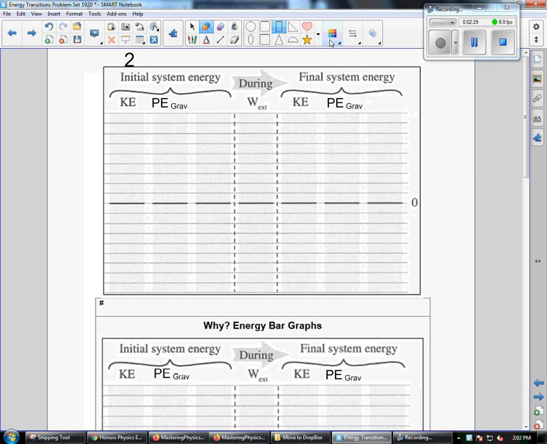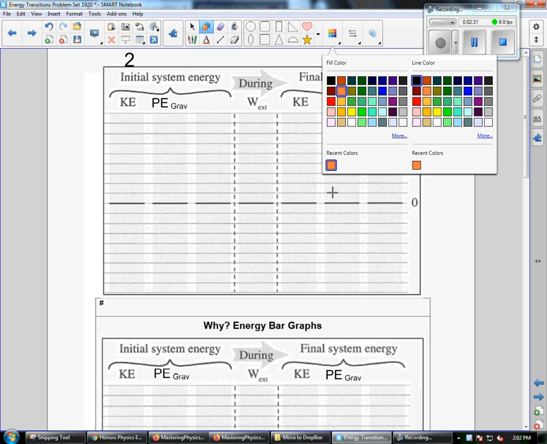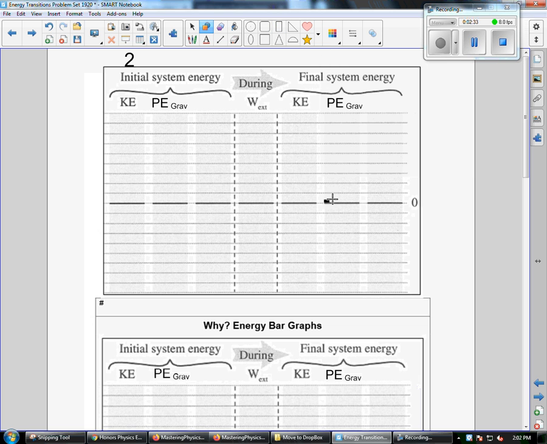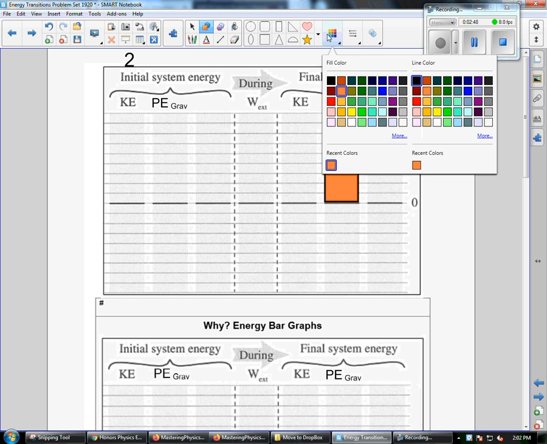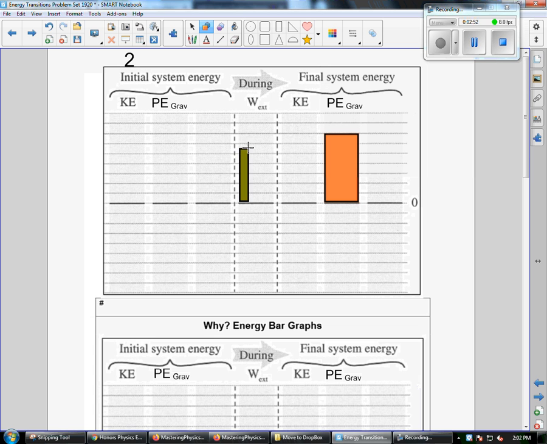Yep. Give it a little PE grav. Is my energy conserved in this right now? Nope. I must have done some work to get it up there, right?